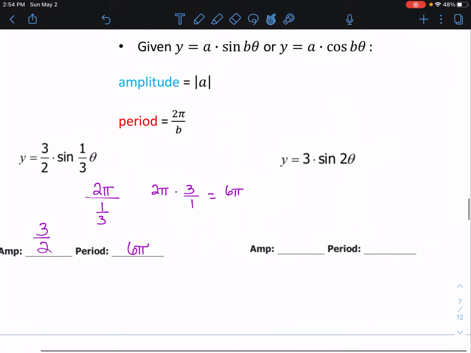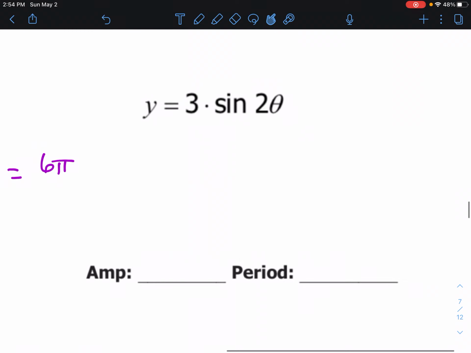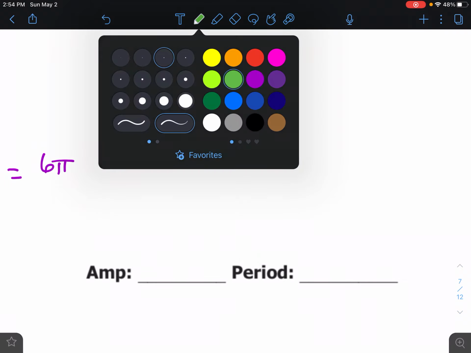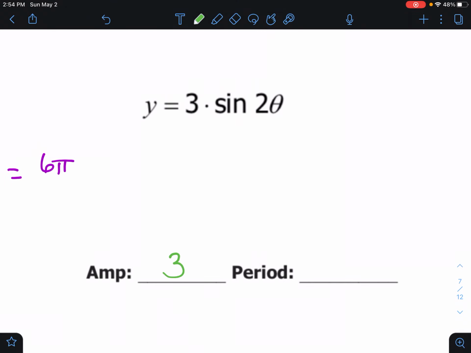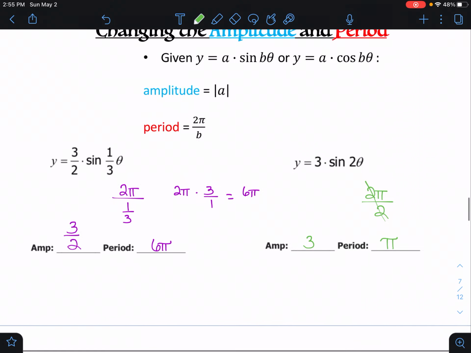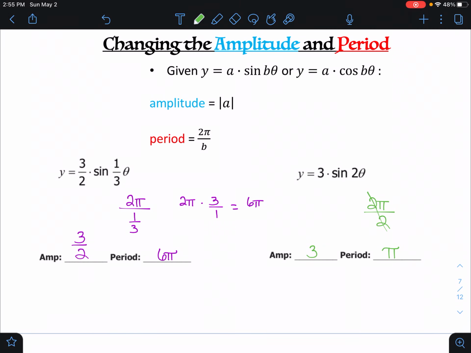Okay, here's another one. What's the amplitude? It'd be 3. What's the period? I'd say 2 pi divided by B. B is 2. So this would be 1 pi. Okay, that's how you change the amplitude and the period for sine and cosine functions.